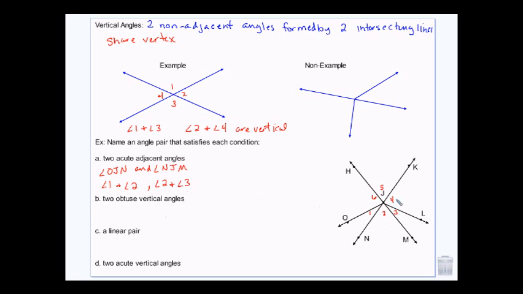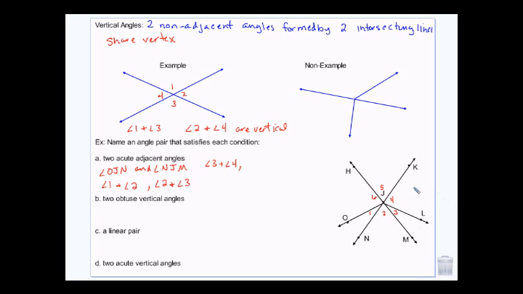If I look, angle 3 and 4, 4 and 5, 5 and 6. Those are less than 90. So there's a bunch of different adjacent angles that are all acute here.